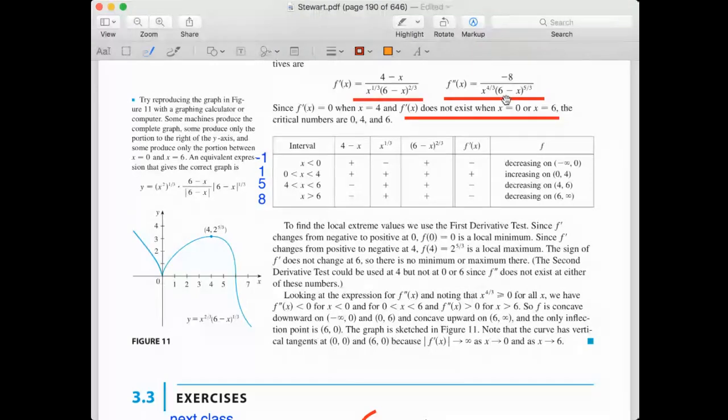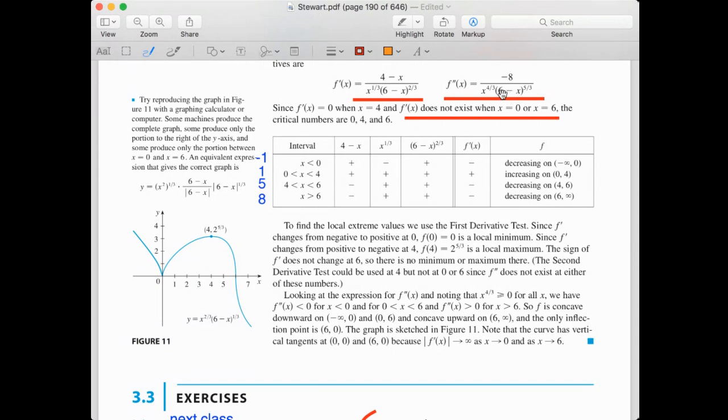If x is less than 0, this term is positive, and the 6 minus x term is still positive. So the second derivative is less than 0 for x less than 0.